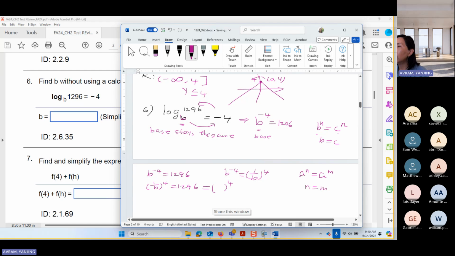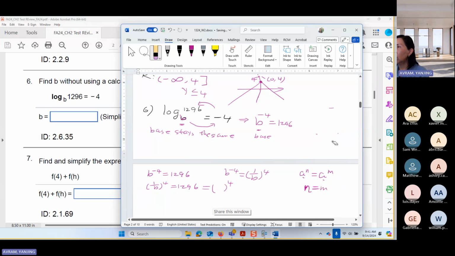If you have the same base, then in order for this whole thing to be equal, the exponent must be equal, okay? Look at that. If I have 3 squared equal to 3 squared, right? So the base and the exponent both have to be the same.